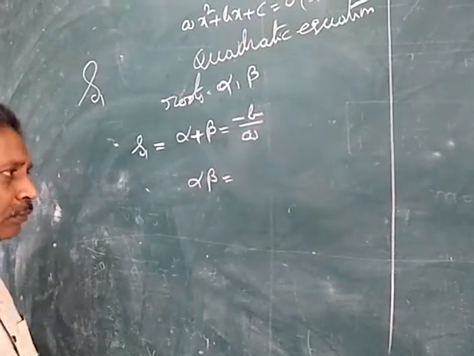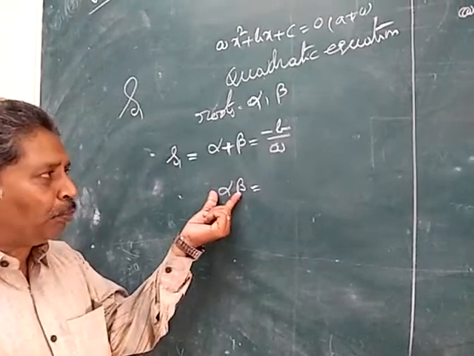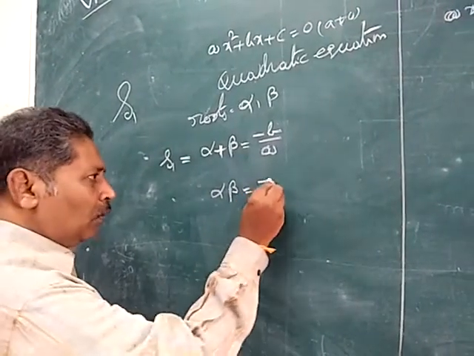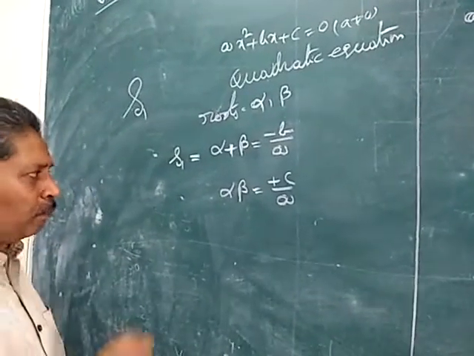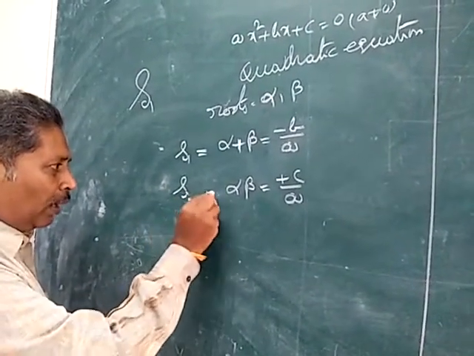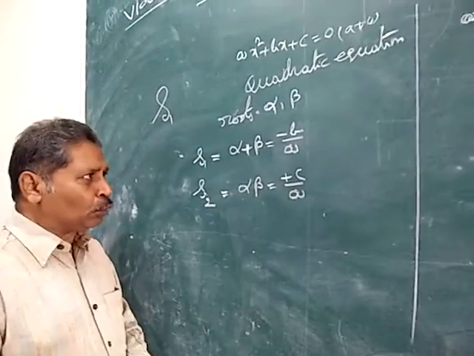Next, the product of the roots alpha into beta equal to plus c by a. This is denoted by small s2.